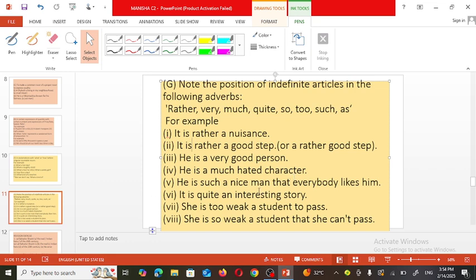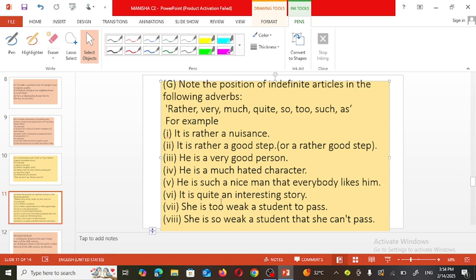He is such a nice man that everybody likes him. So such a nice man means he is a very nice man. Article a is used before this adjective. Now, it is quite an interesting story. So how is the story? Interesting. But how interesting?